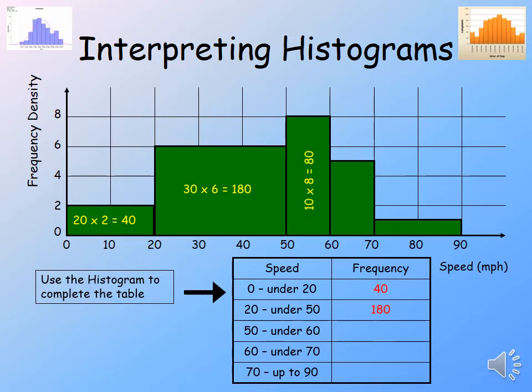Here it is 10, and the density is 8, so it is 80. And here is 10 again, but the density is 5, so it's 50. And here it's 20 and 1. Okay, so I hope you found that easy.